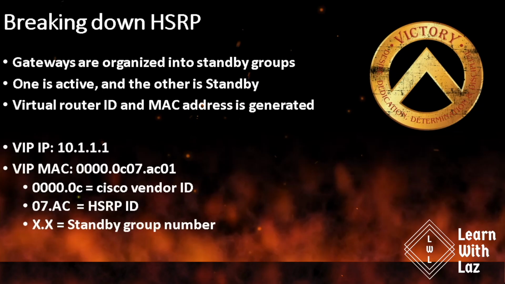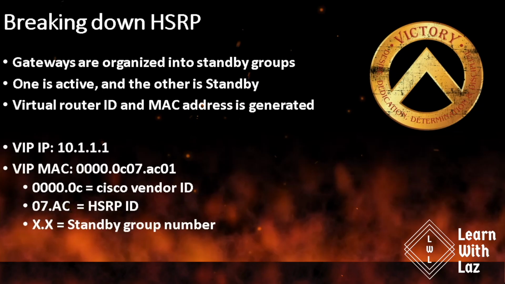So the first 24 bits is considered the Cisco vendor ID. The first 24 bits. The next 16 bits, 4 times 4 is 16, is considered the HSRP ID. And there it is right here.